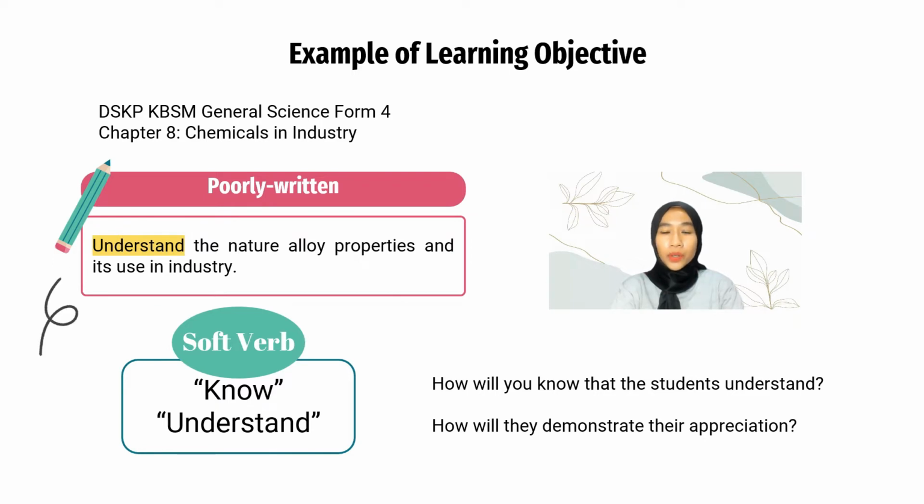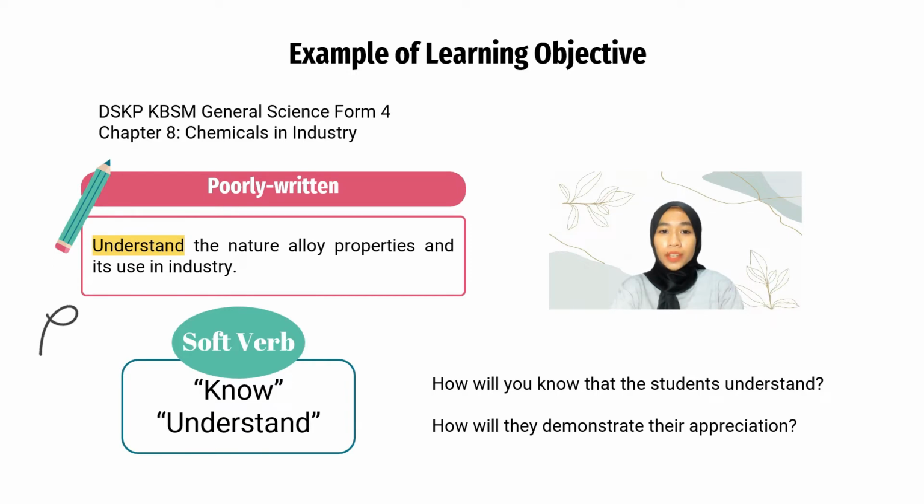You might want your students to know or understand a particular concept, but the objective should be written as to how you will be able to measure your students' level of knowing or understanding. Verbs like know, understand, comprehend, appreciate are sometimes referred to as soft verbs.